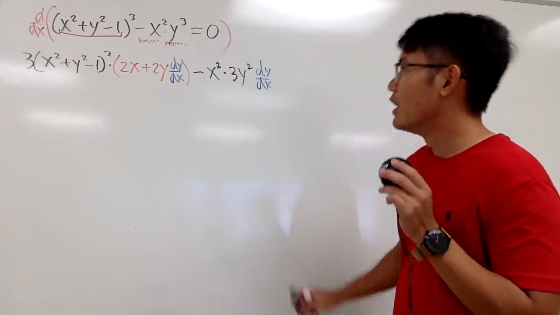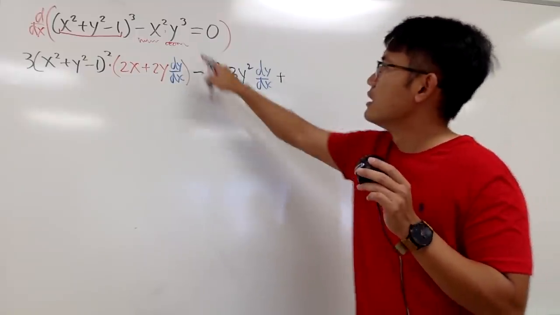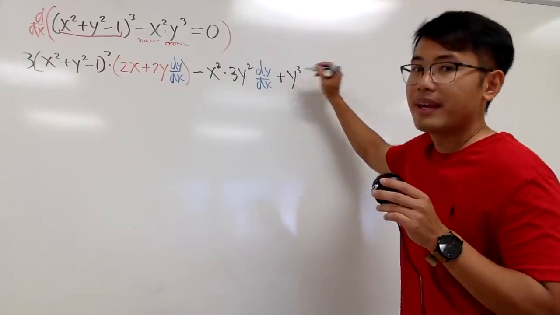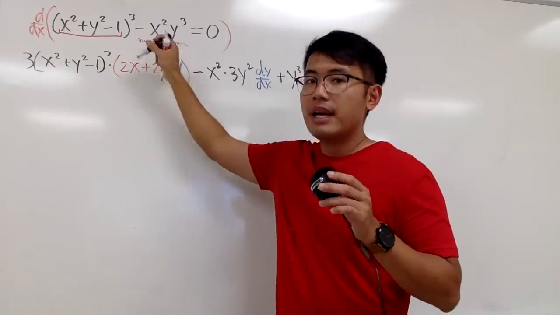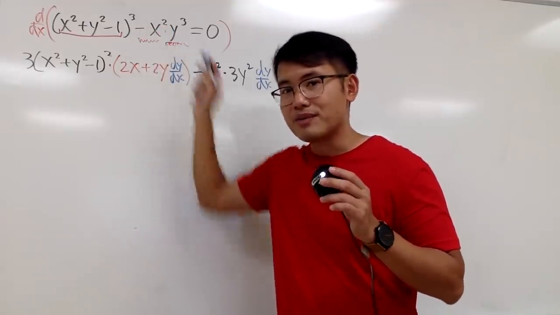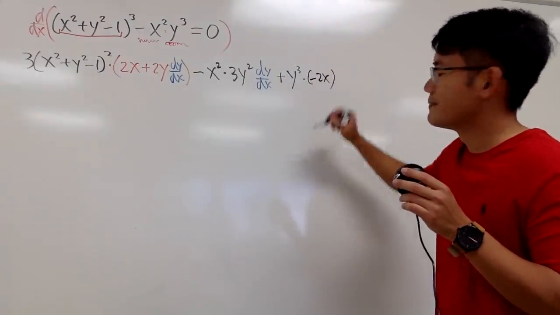Not done yet. We are going to do the second part. We are going to add the second function, which is y to the third power, and we multiply by the derivative of the first. And I take negative x squared as my first function, so the derivative of that is negative 2x.